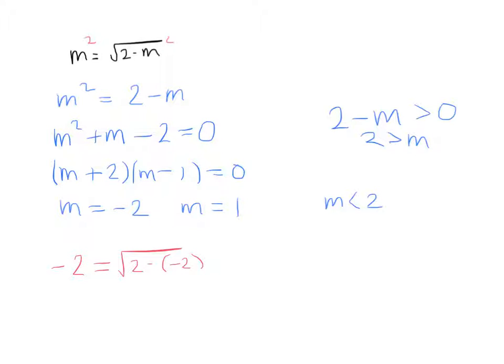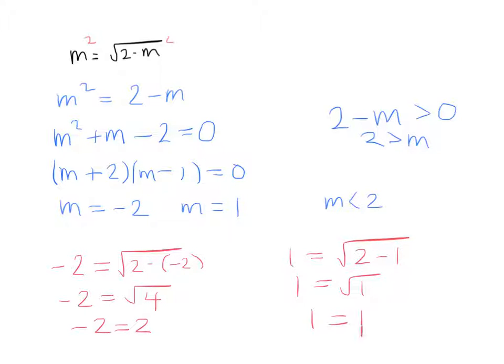And then I'm going to do 1 equals the square root of 2 minus 1. That's what you have to do to check, right? So this one becomes -2 equals the square root of 4. -2 equals 2. And this one becomes 1 equals the square root of 1. So 1 equals 1. What does this tell you about these answers?